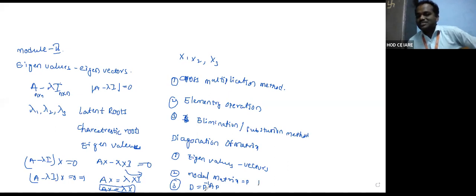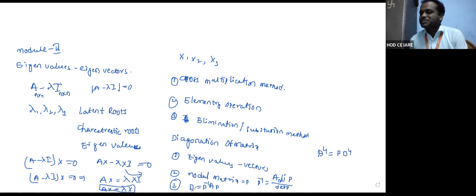I will say P inverse is equal to the adjoint of P by determinant of P. So we use this method. If you have another method, you can use it, no problem. So capital D is equal to P inverse A P, and you can also find power matrices, for example A power of 4 or A power of 10, whatever you have. So A power of 4 is equal to P into D power of 4 into P inverse.